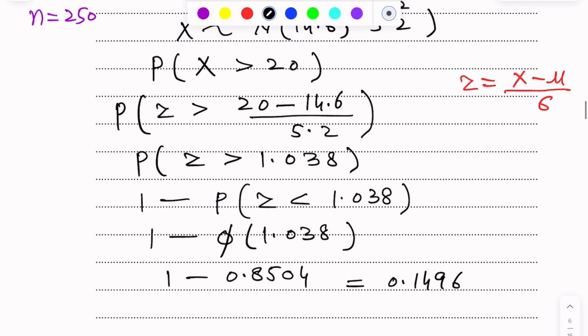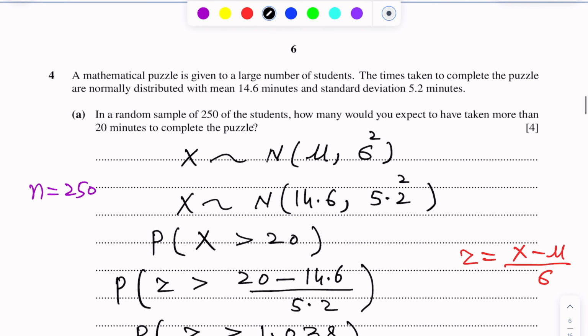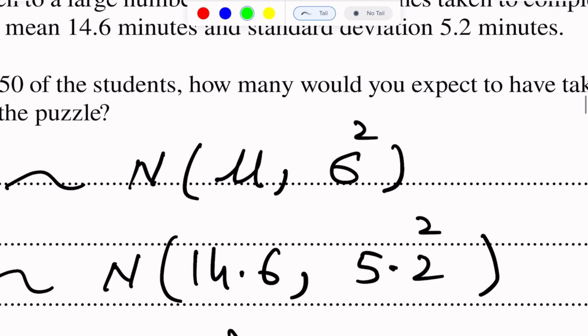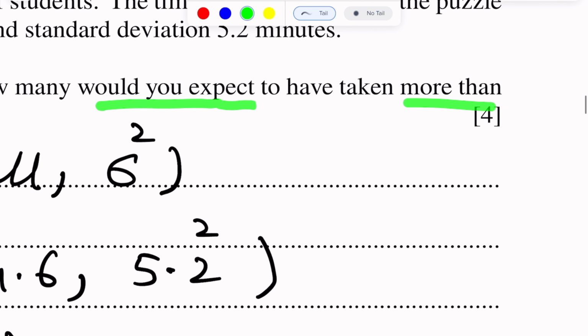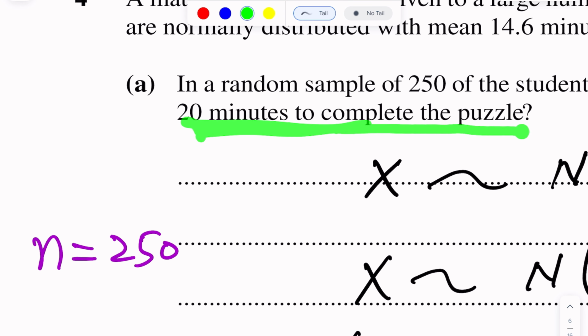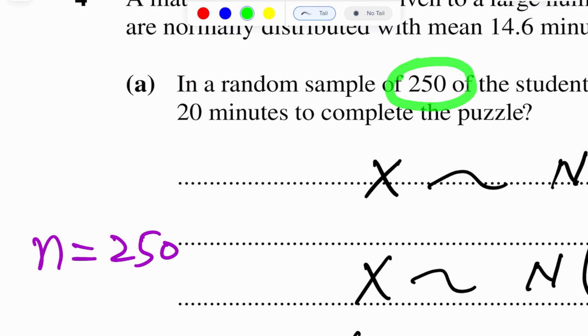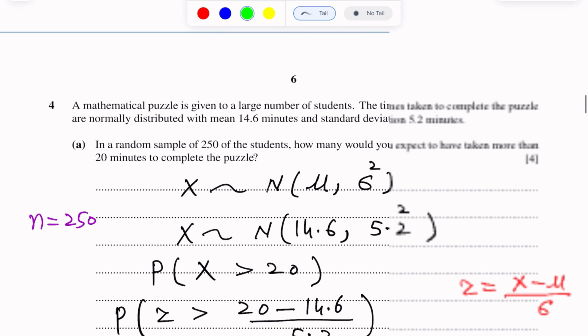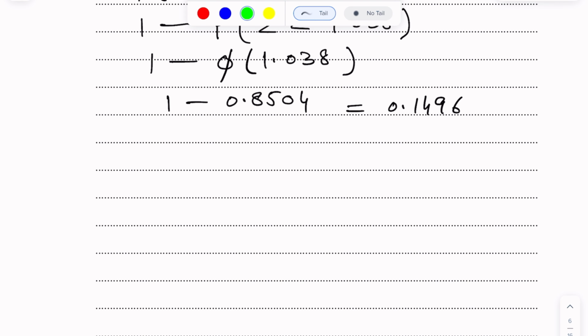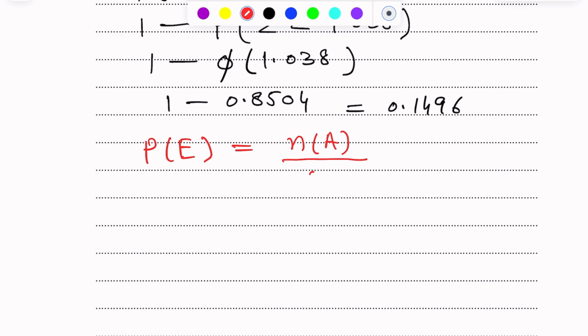Now actually this is the probability of taking more than 20 minutes. We have to find how many would be expected to have taken more than 20 minutes to complete the puzzle. We use the general formula of probability: number of successful outcomes over total outcomes.